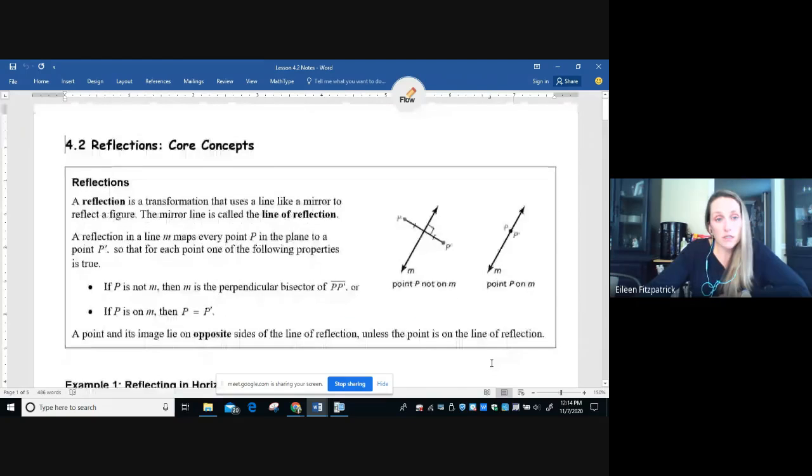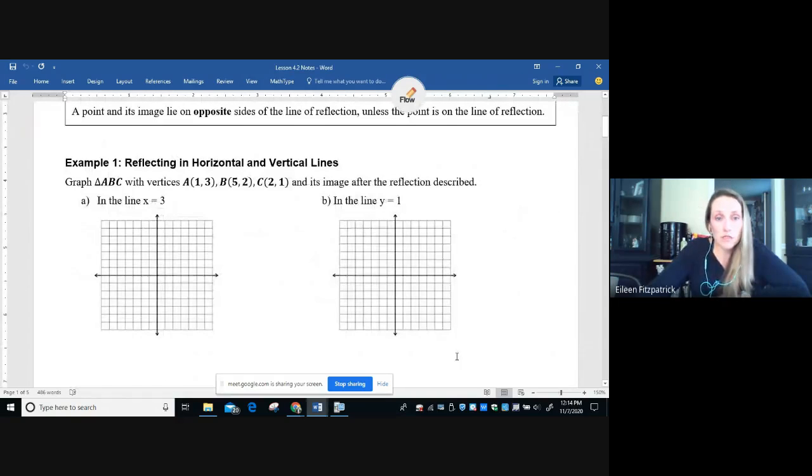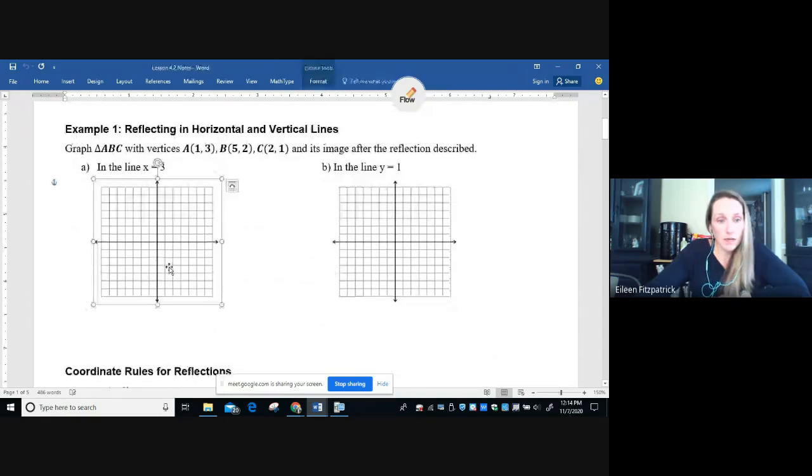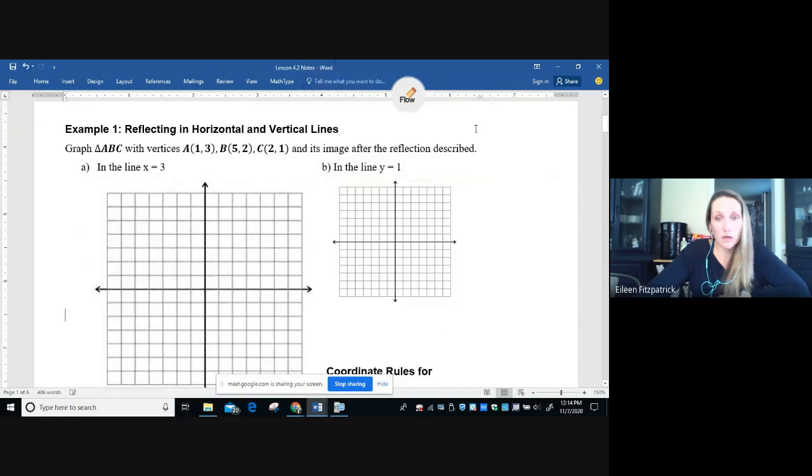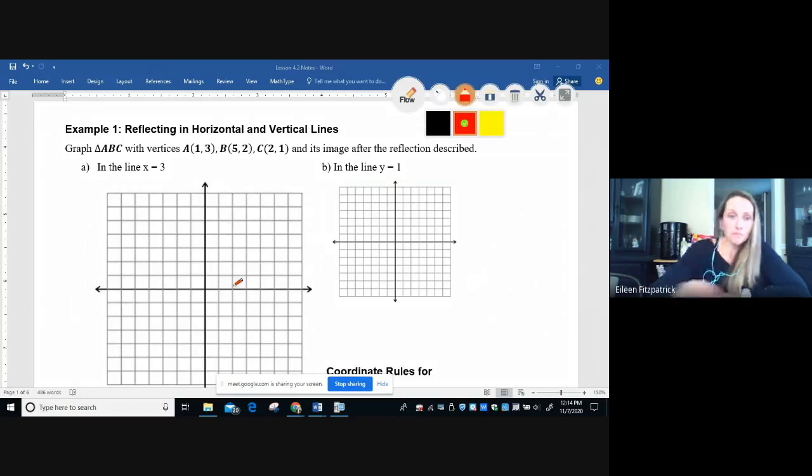Here it says reflecting in a horizontal and vertical line. Graph triangle ABC with vertices A, B, C as given, and its image after the reflection described. Let me make the first grid a little bigger so it's easier for me to graph. I'm going to be plotting the given points to start.